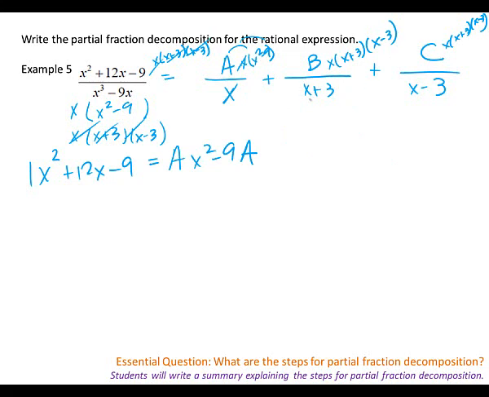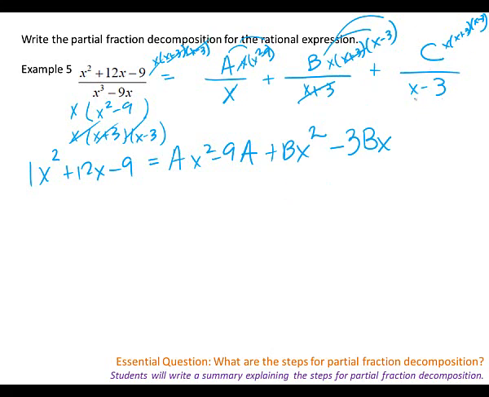What's going to cancel in this third term? X plus 3. Good. And I'm distributing in bx. So what's bx times x? Bx squared. What's bx times negative 3? Negative 3bx. Good.